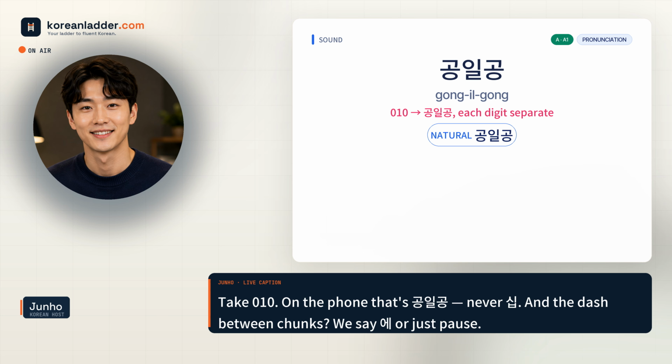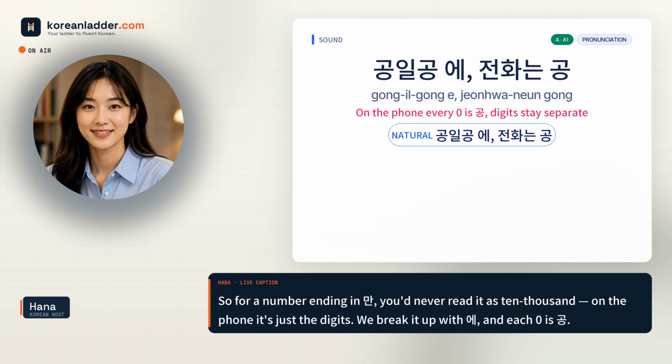And the dash between chunks, we say 에 or just pause. So for a number ending in 만, you'd never read it as 10,000. On the phone, it's just the digits. We break it up with 에, and each 0 is 공.